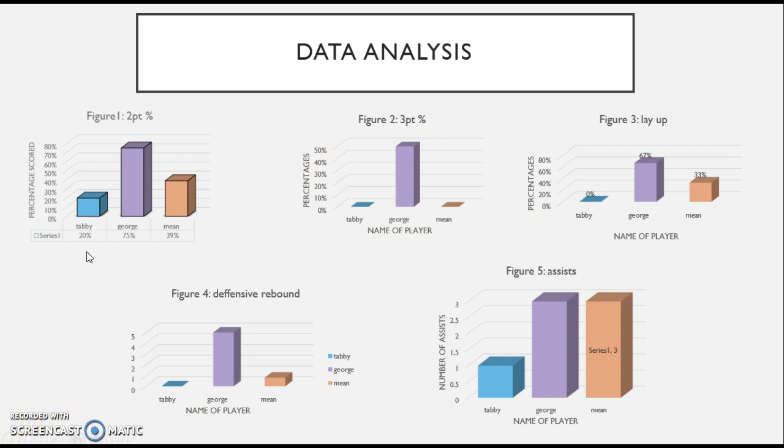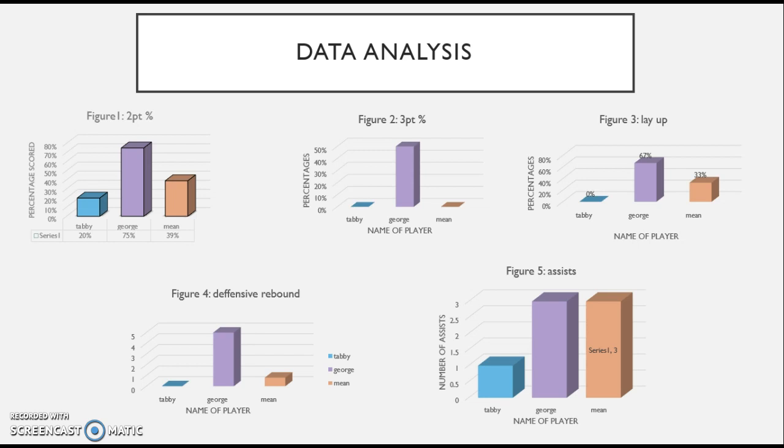As you can see, for the 2-pointer, Tabby got 20%, and the score that she got was she scored 1 and missed 4, and then George got 75%, so he scored 3, missed 1, and then the mean overall was 39%.